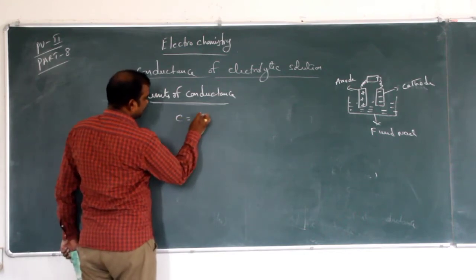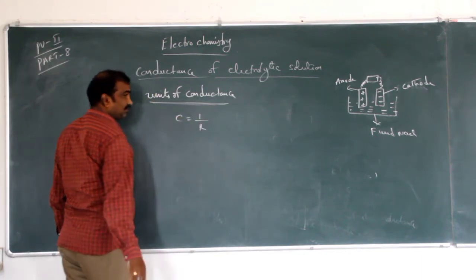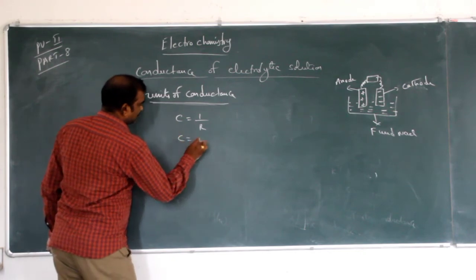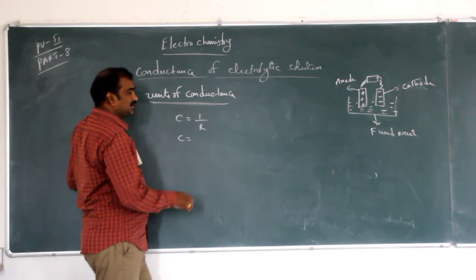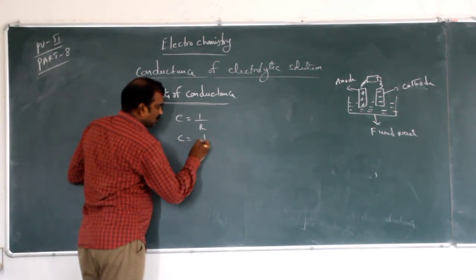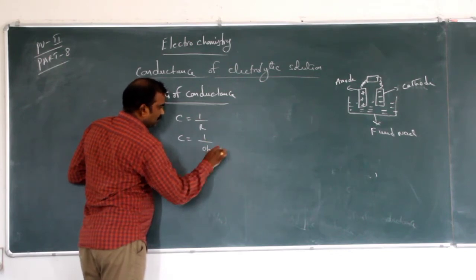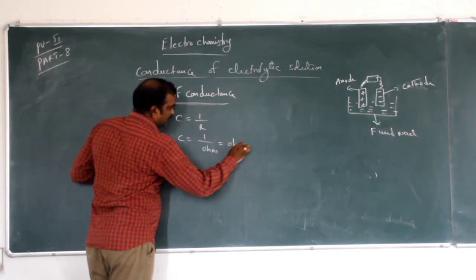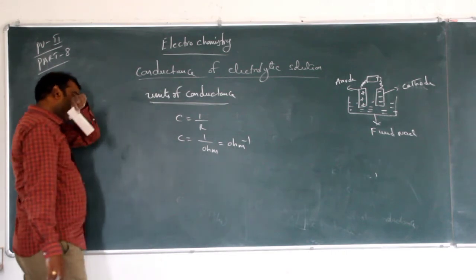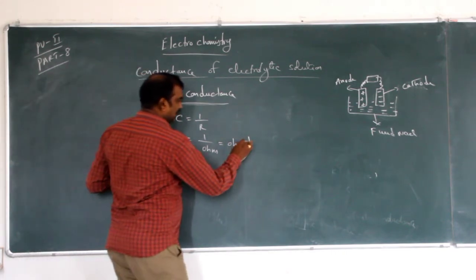See, conductance C is equal to 1 by R. Already we wrote that. What are the units of resistance? Ohm. So 1 by ohm can be called ohm inverse.